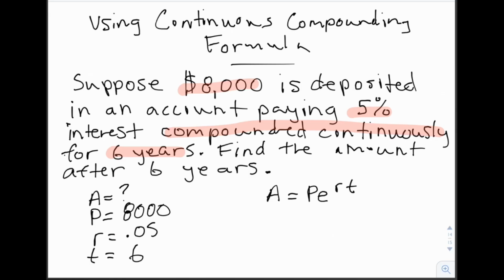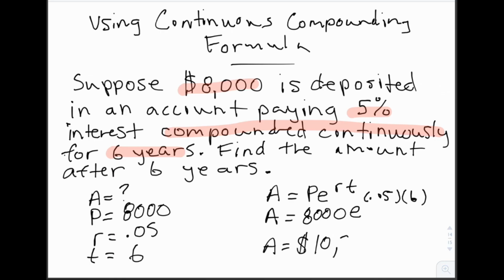That is going to give us A is equal to $8,000 times E raised to the 0.05 multiplied by 6. So if we do the calculations in our calculator, we should get A is equal to the dollar amount of $10,798.87.